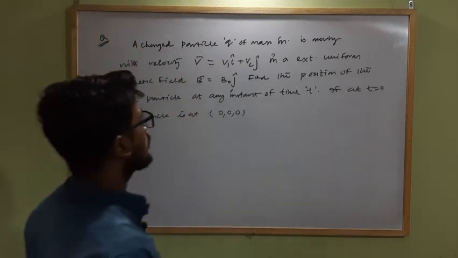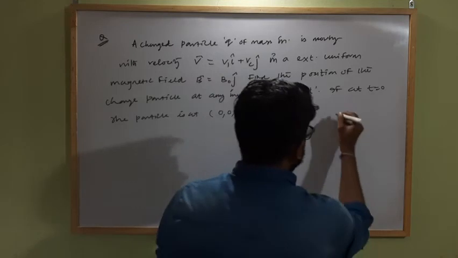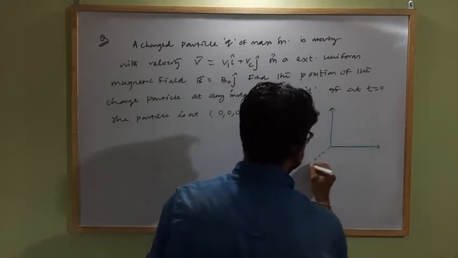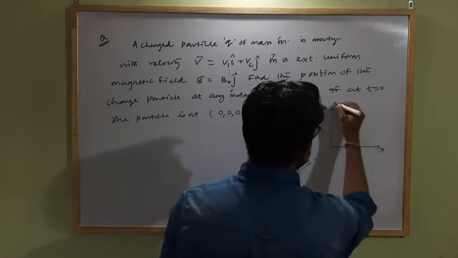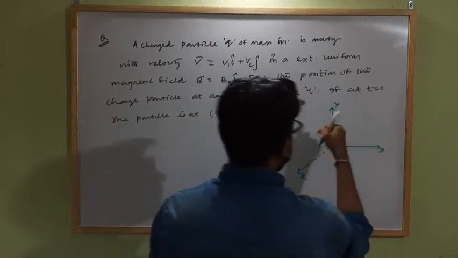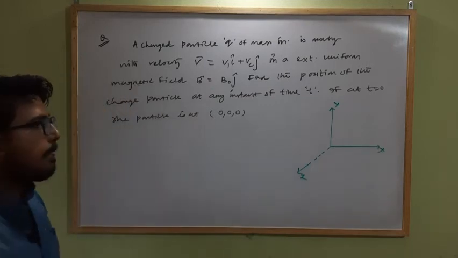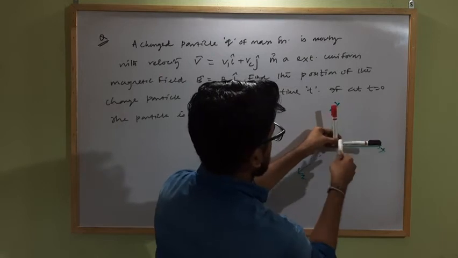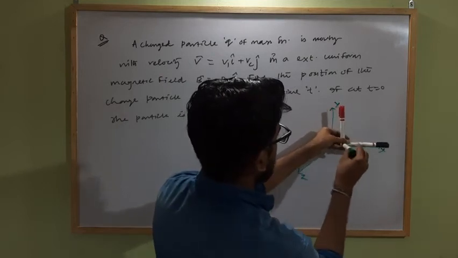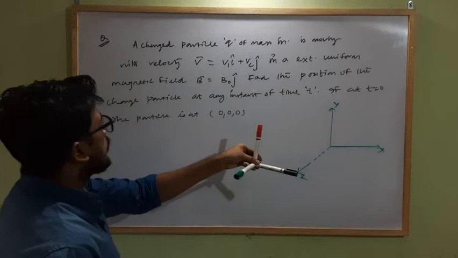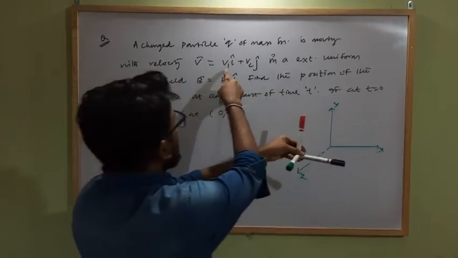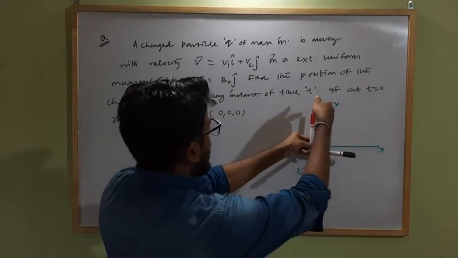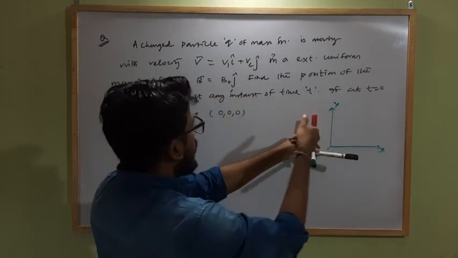So first draw the directions of the magnetic field. Here is the coordinate axis. In two dimensions we generally take the x axis, y axis and z axis. Clear? Like this. This is the y axis, this is the x axis and this is the z axis. According to the question the velocity is along i cap, that is along the x axis, and along the y axis, and the magnetic field is along the y axis.